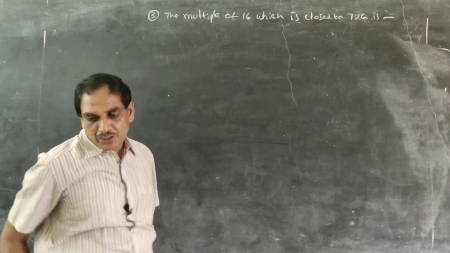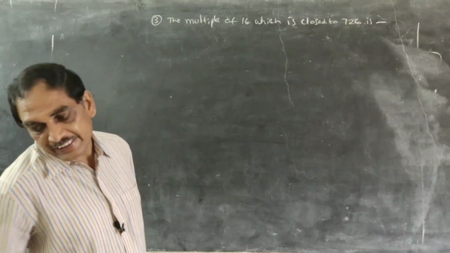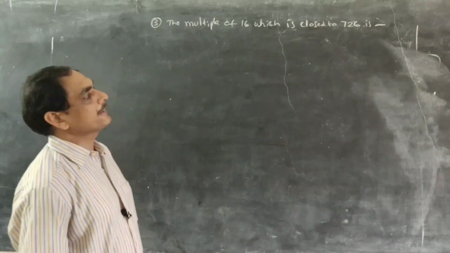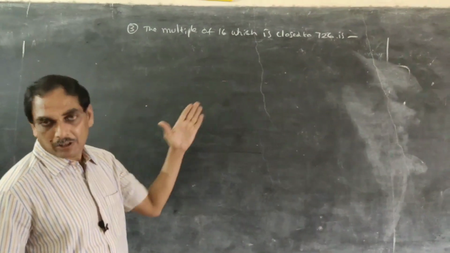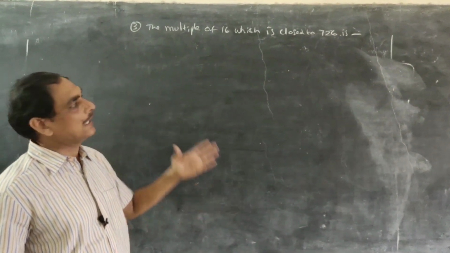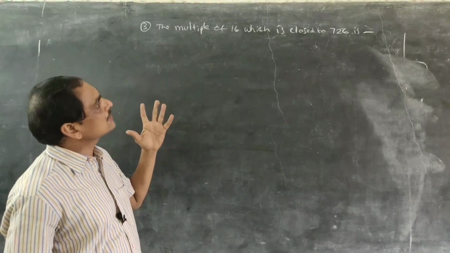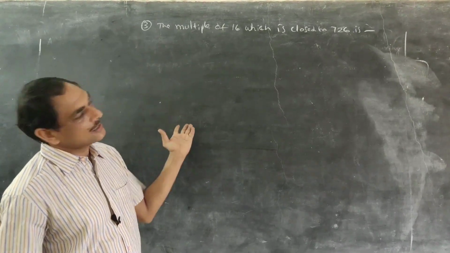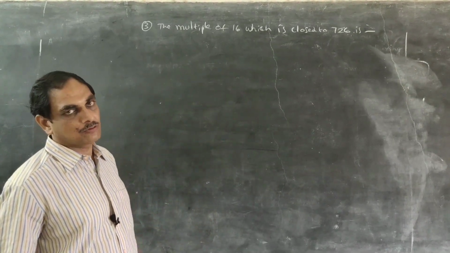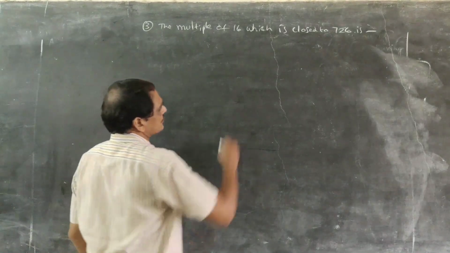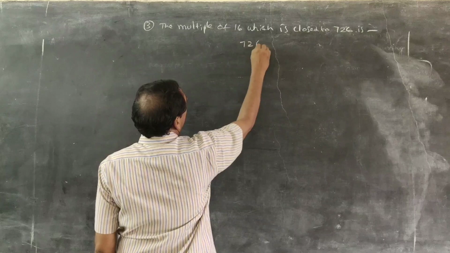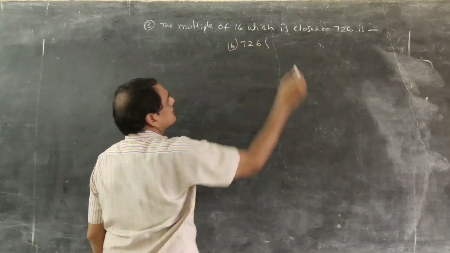So we need the number closest to 726. To find the multiple of 16 before 726 and the multiple of 16 after 726, we divide 726 by 16.